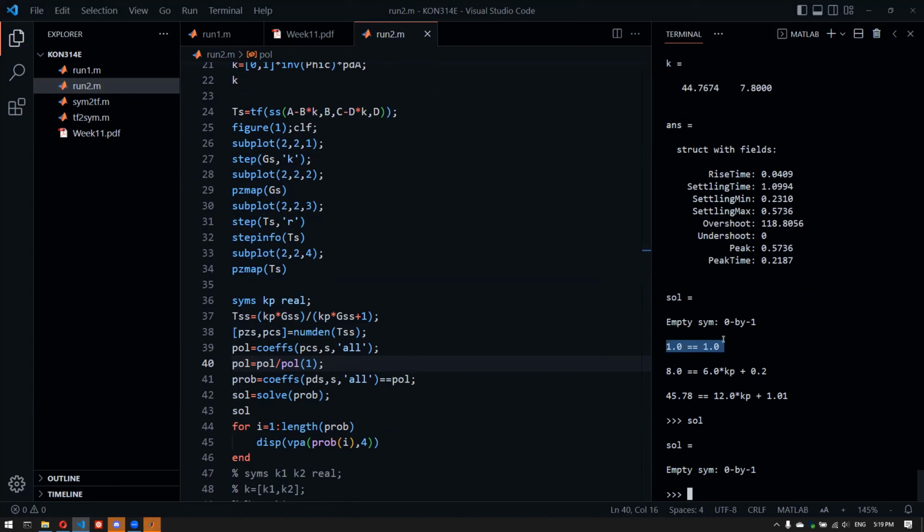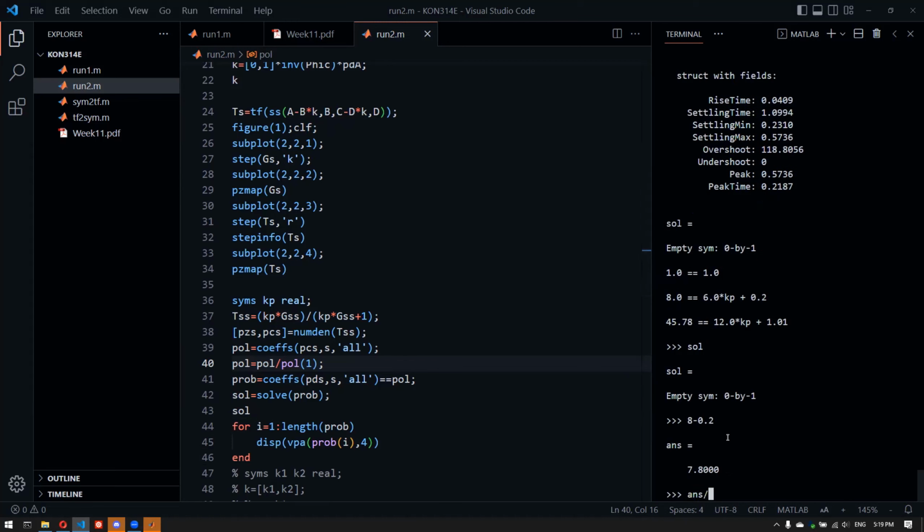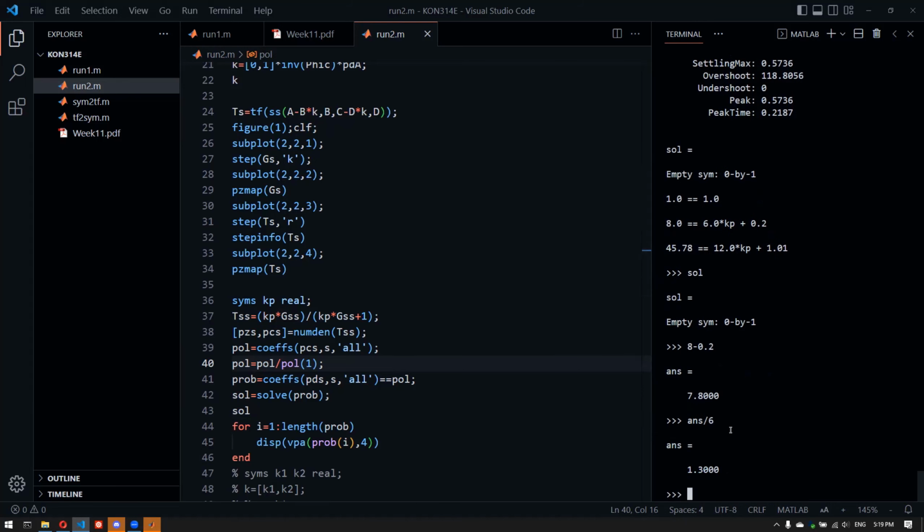Well, the first equation is satisfied, but then here, the last two equations cannot be satisfied unless they are aligned with each other. So this equation should be somehow the same equation as this one here in order to have a unique Kp and satisfy both equations. So we cannot use 6 Kp plus 0.2 to solve it to equal to 8, because it would then be 8 minus 0.2 and the answer divided by 6, I guess, which is 1.3.